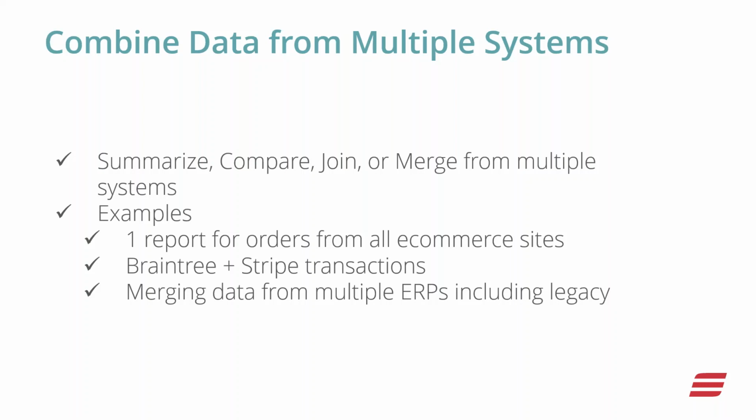Or maybe it's a scenario where I'm moving from an old on-premise ERP system and I still want to be able to report off of some of that old data, but I don't really want to migrate that data. Maybe you were on-prem and now you're in the cloud, and you're saying, I still want a report that says, here are all the invoices we've had over the last 20 years from this customer, but I don't want to migrate 20 years of data into the other system.